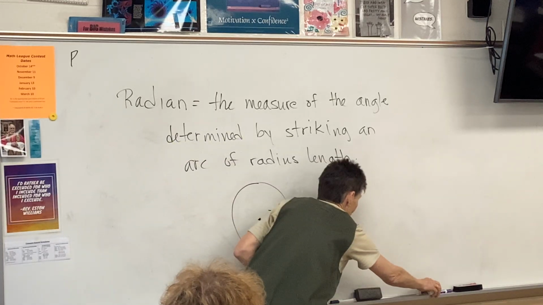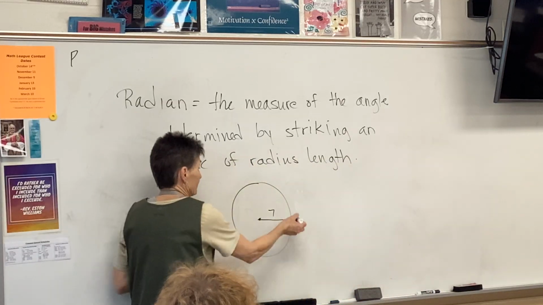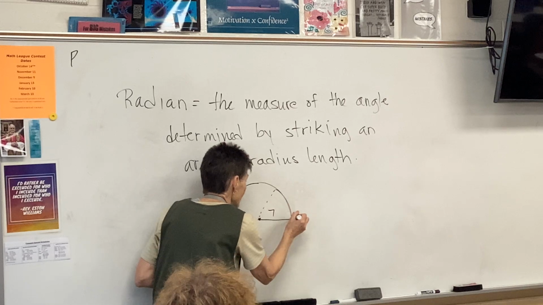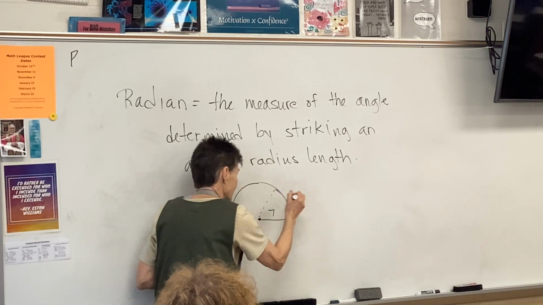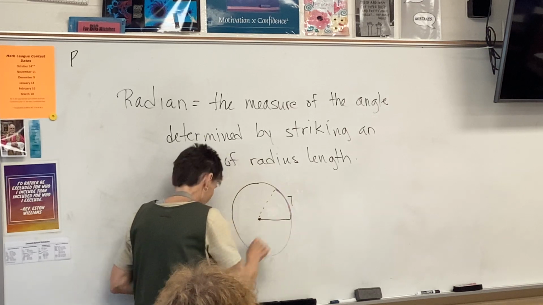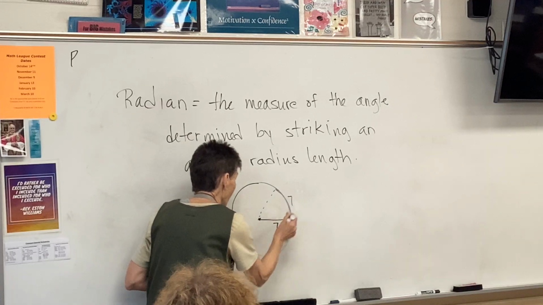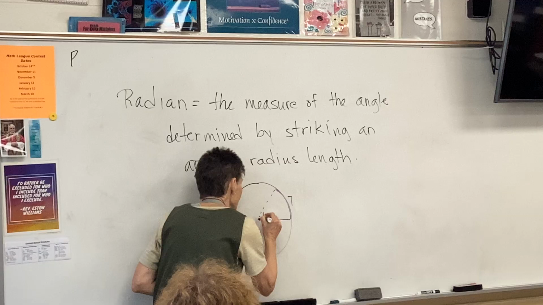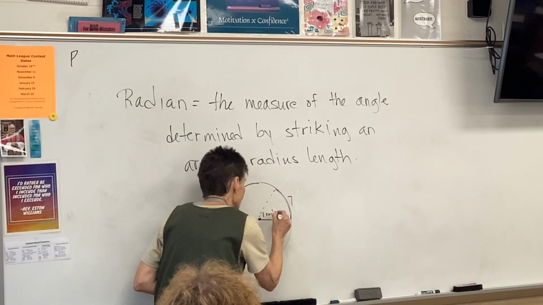If we strike an arc that is 7 units long, in other words, if the arc length is the same as the radius, then that is 1 radian.